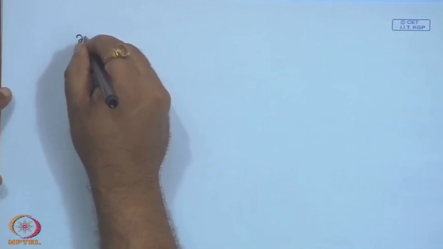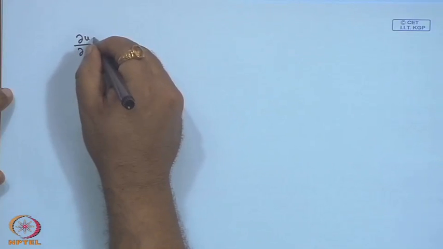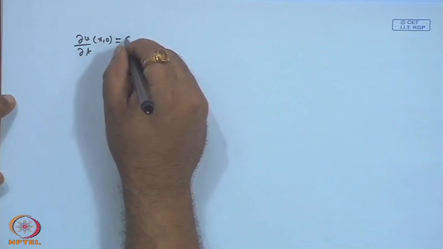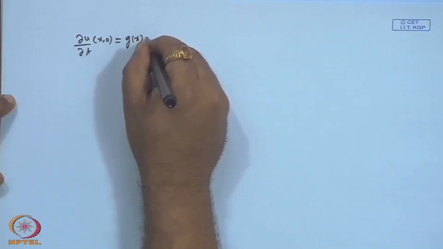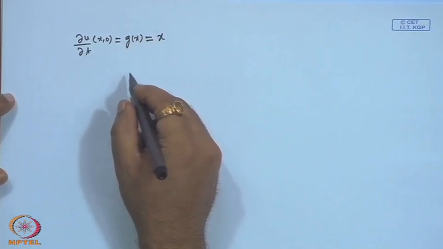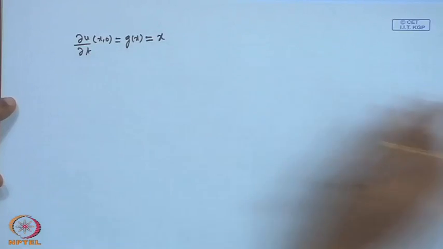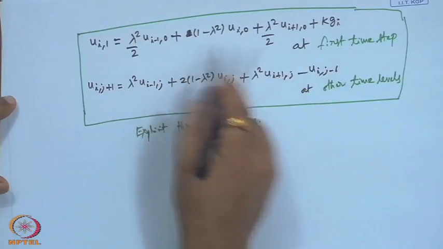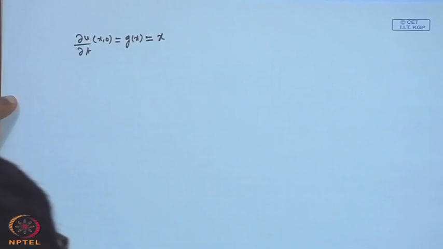So, dou u by dou t at x 0 is g of x, which is equal to x in our case, and from the previous discretization we have obtained, you can see. So, we make use of it.